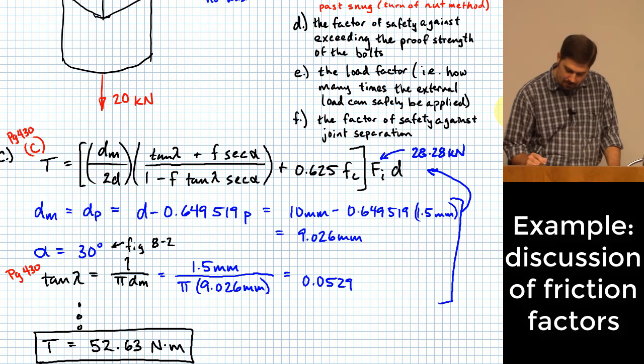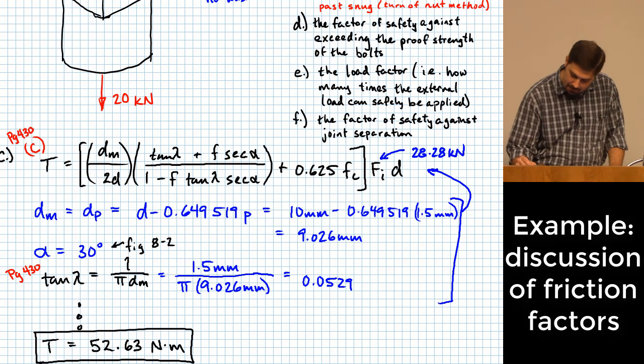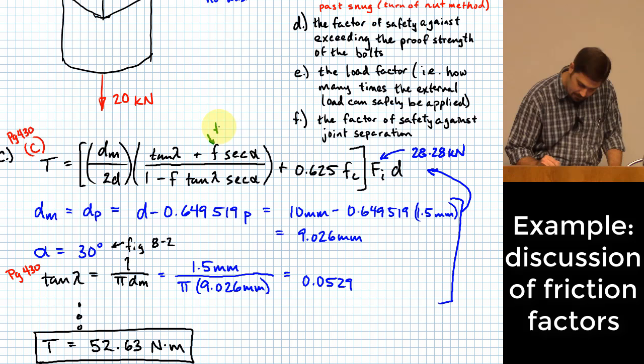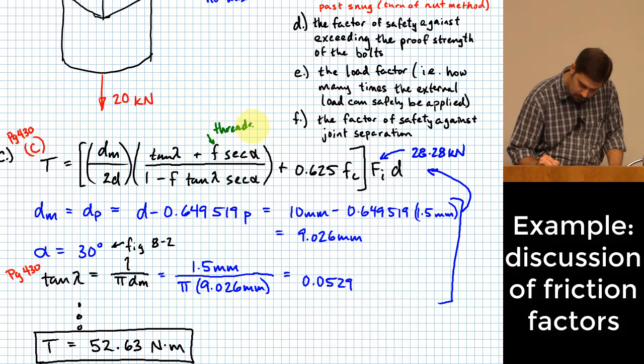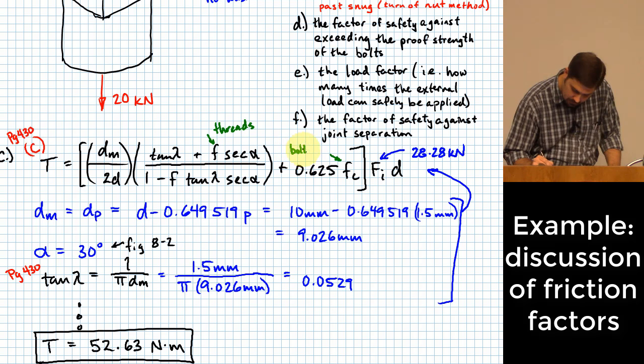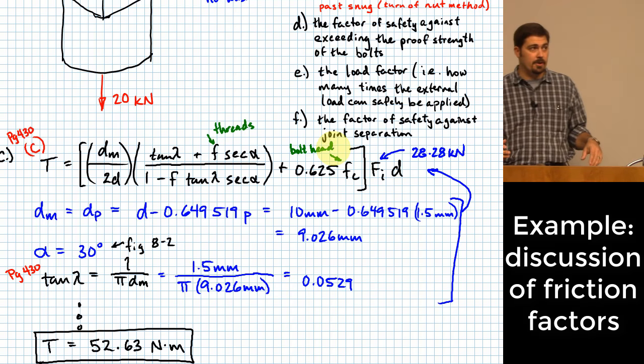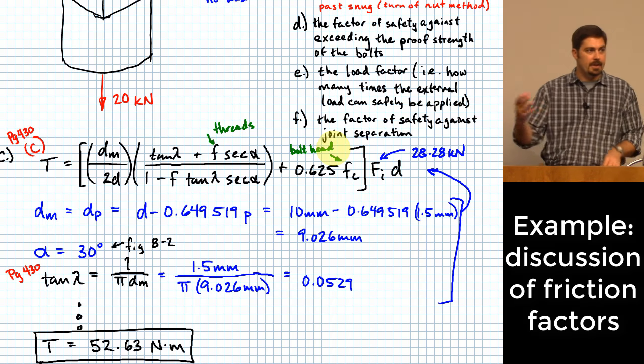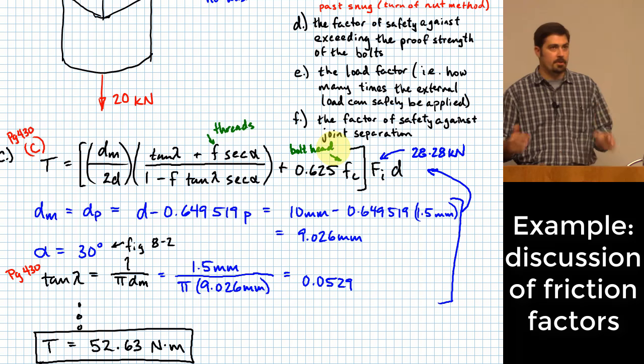But the more general answer is that this one here is for threads, and this one here is for the bolt head. So if you have different friction factors for the bolt head versus the threads, you can put different ones in right there.